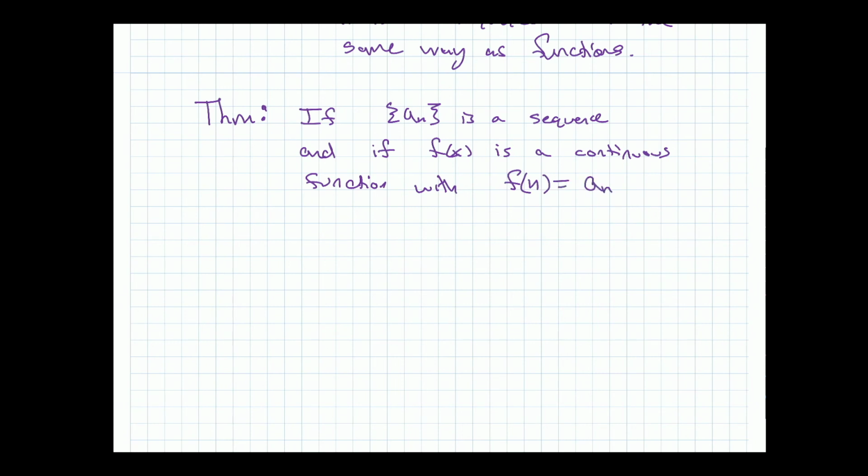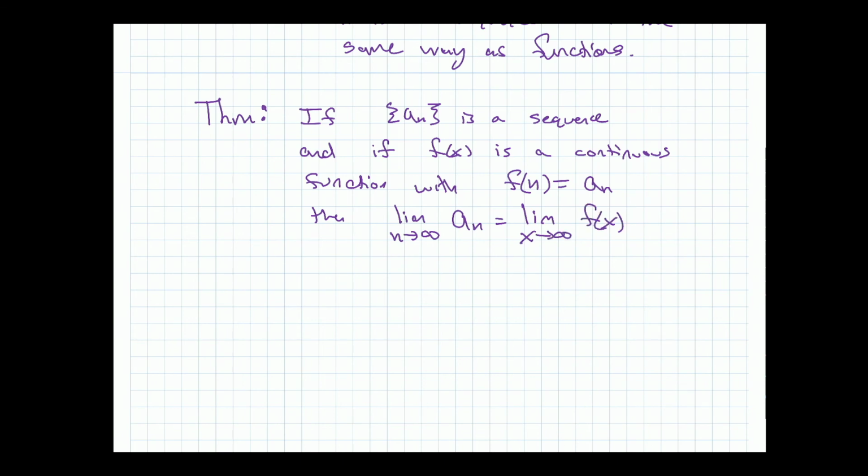Now I know that that's the part that's kind of confusing here. Then the limit as n goes to infinity of a_n is the same thing as the limit as x goes to infinity of f(x).